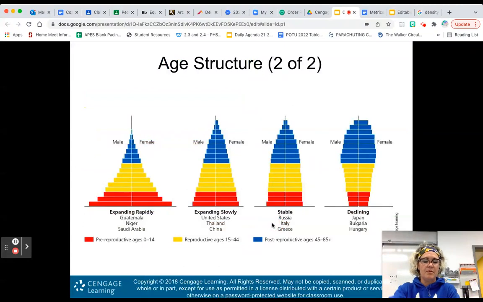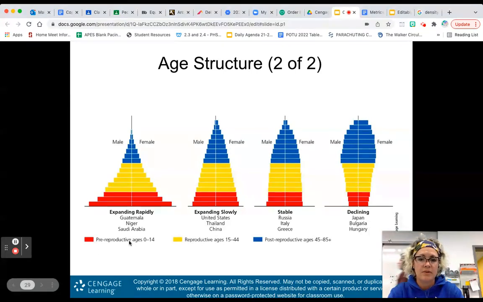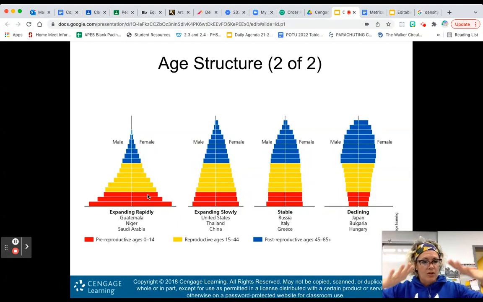All right, so here are some examples of age structure diagrams and what they actually mean. You have this expanding rapidly. You can see Guatemala, Nigeria, and Saudi Arabia are examples on the left-hand side. You have a very large pre-reproductive category. The sides are curved more, okay? Expanding slowly, you have angular sides.